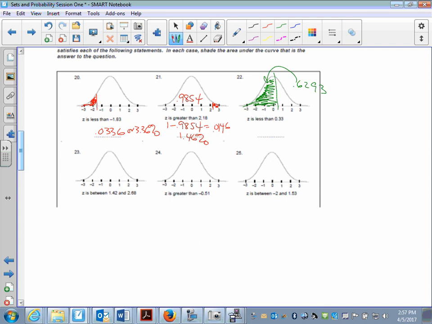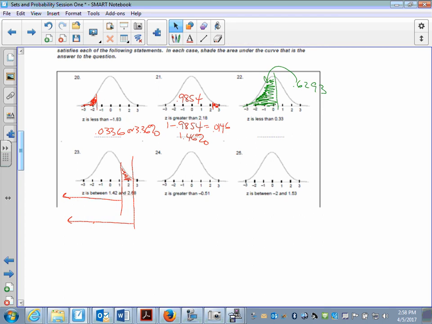Now, 1.42 is probably about here, and 2.68 is probably about here. Now, we want this region right here. The way we're going to get that is we're going to find all of the area to the left of 1.42, and then we're going to find all of the area to the left of 2.68, and we will subtract this first value from the second value to get the area in between.